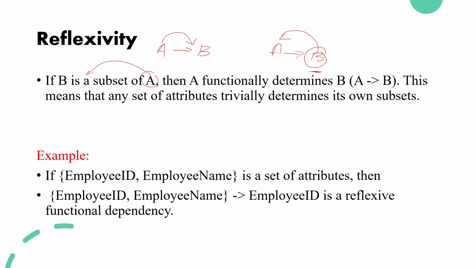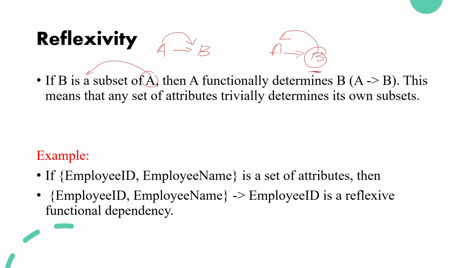Here they have given employee ID and employee name. So employee ID and employee name is a set of attributes. Then employee ID comma employee name determines employee ID. Understood?